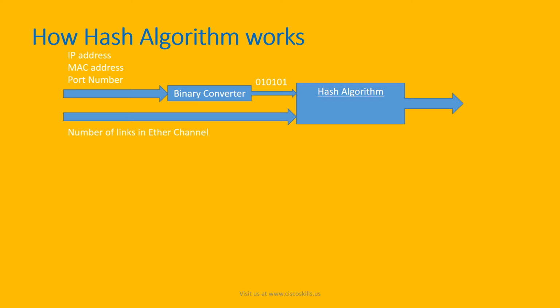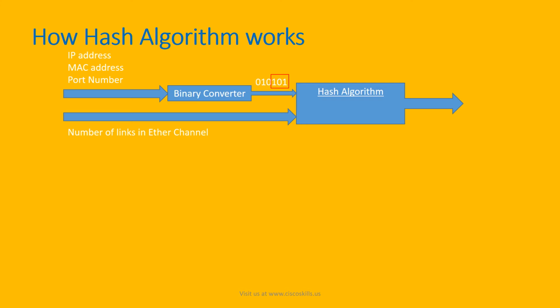So 2 links or less will require 1 bit. 4 links or less will require 2 bits. 8 links or less will require 3 bits. And in this case I just picked 3 bits. So it means in the EtherChannel we must have 5 links up to 8 links.